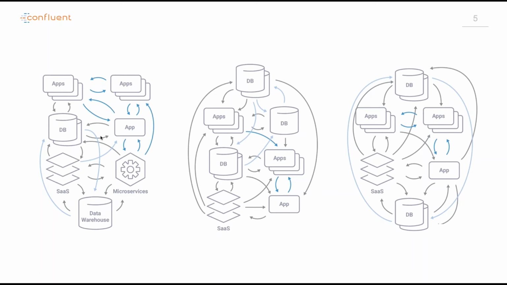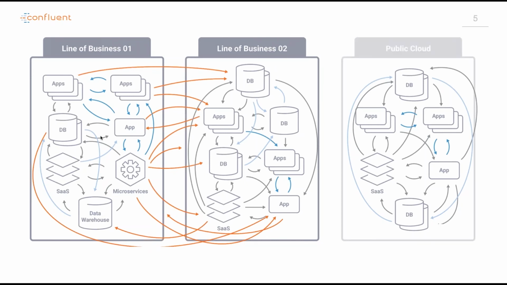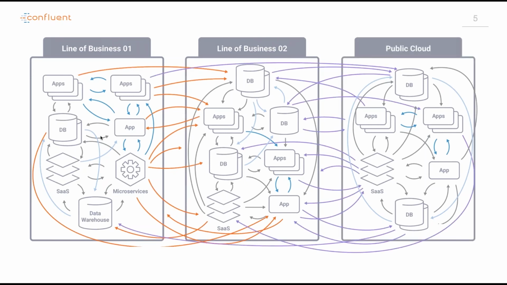And then lines of business within organizations started to ask for integrations as well. More recently, the cloud came on the scene. And these integrations just continued and continued. And at the end of the day, where we are today in most large organizations is frankly a mess. No one intended, I believe, their architectures in organizations to look like this.